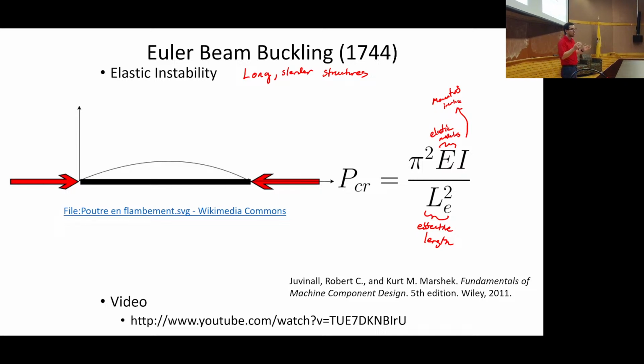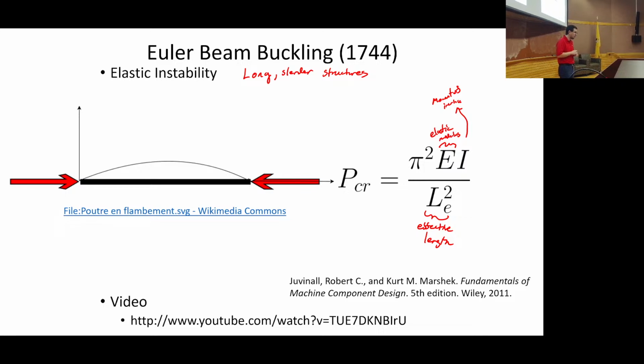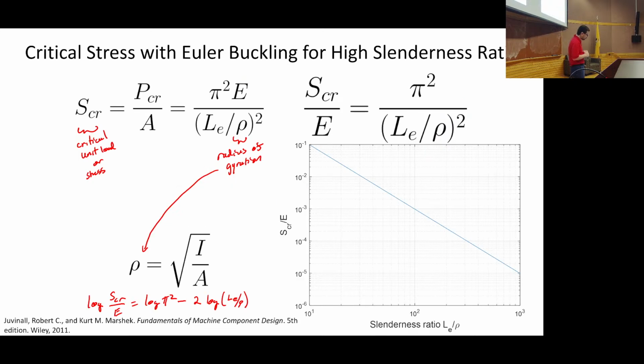As we said before, it's dependent on the elastic modulus, on the second moment of area, and on an effective length. Another way we sometimes write this is in terms of a critical stress. Even though Euler's beam buckling does not depend on the yield strength of the material, we can still associate a critical stress with this behavior.